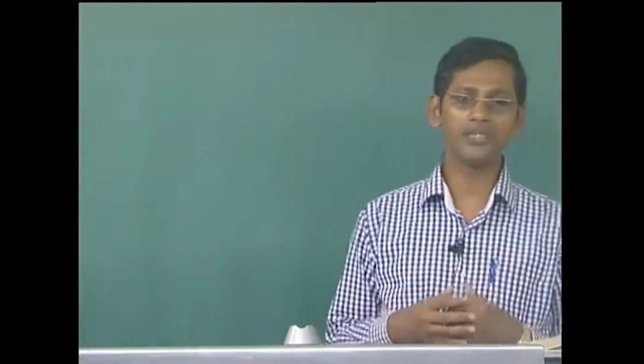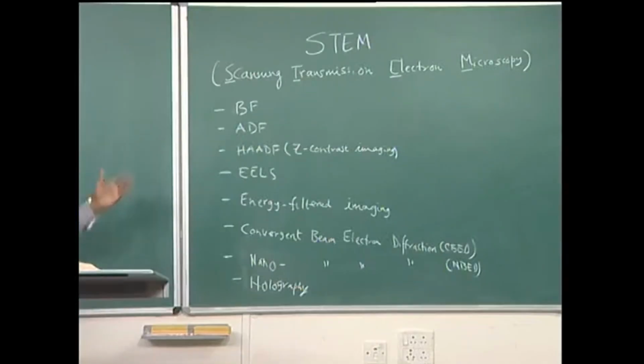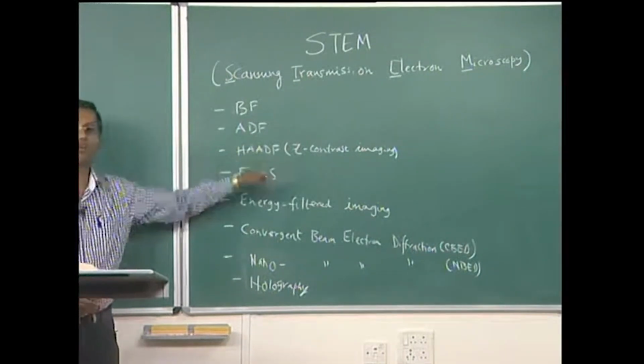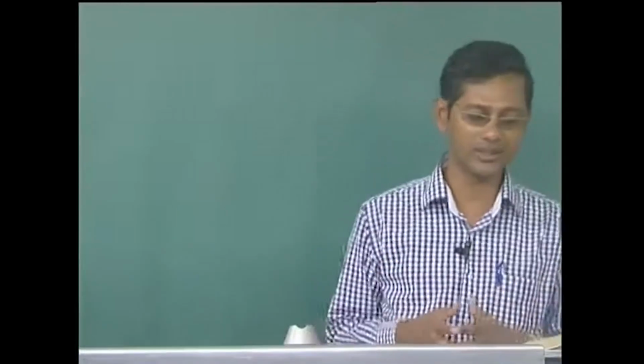That is one of the biggest advantages, and that is why almost half of the imaging detectors in STEM mode are dark field, like annular dark field and high angle annular dark field. These are routinely used to obtain all kinds of different information, which we are going to discuss one by one.